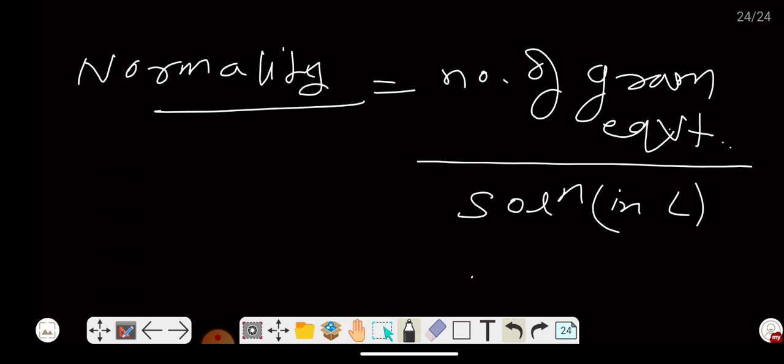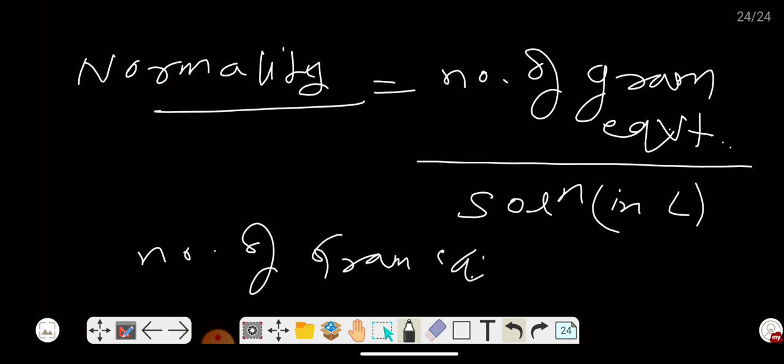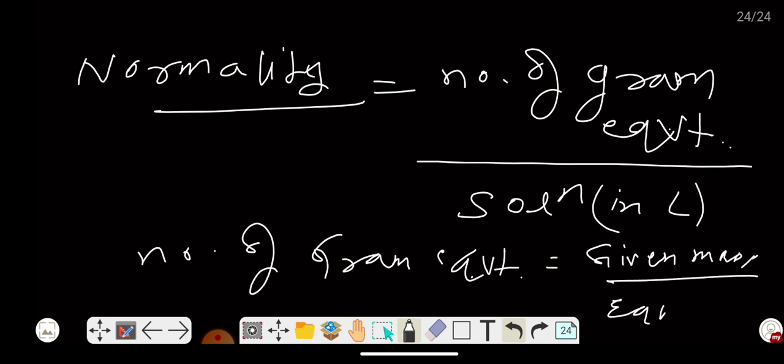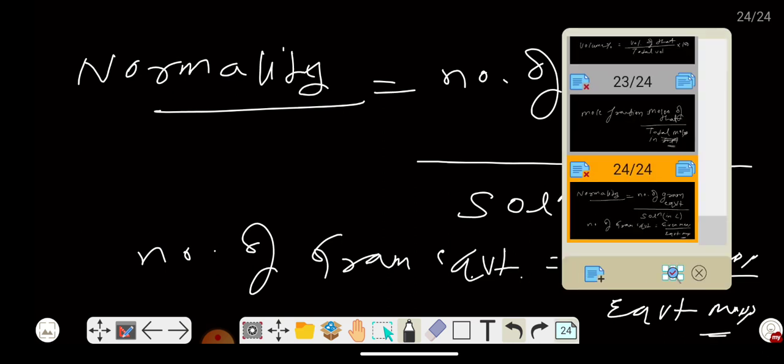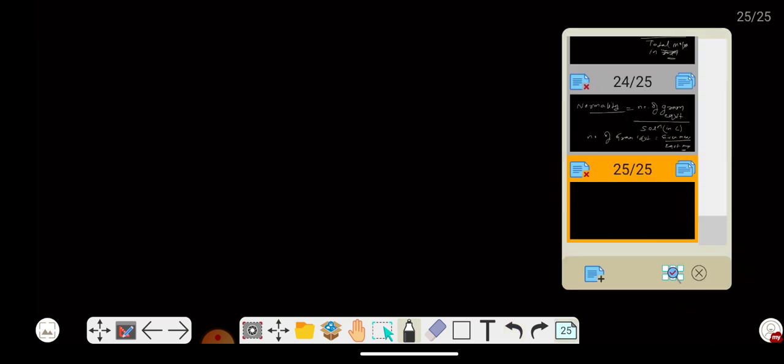Now the formula for the number of gram equivalents is equal to the given mass upon the equivalent mass.